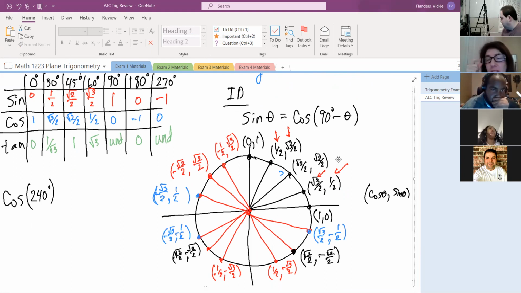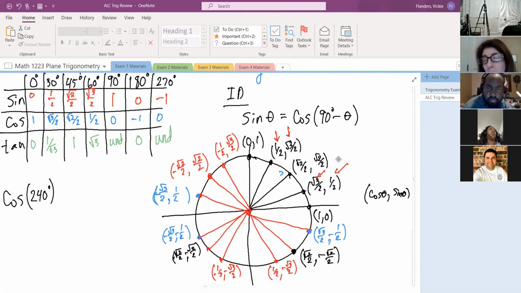These 30, 45, 60 degrees are called special angles because they have exact values, and we always want the exact value for the sine, cosine, and tangent. We really don't like getting the decimal approximation. We get into some rounding errors if we use too many rounding values. So these angles come up quite often. They have exact values for the 6 trigonometric functions.